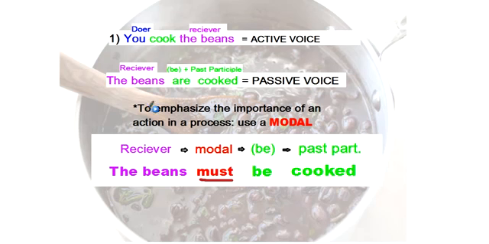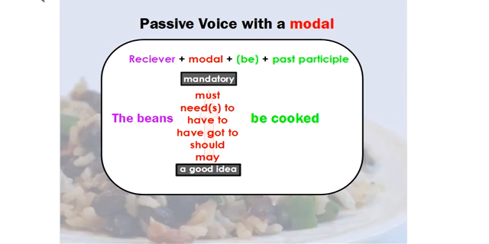and must is like an obligation, it's mandatory. Okay? So, let's look at some other modals that function the same way to emphasize the passive voice. For example, I have these mandatory verbs, for example, must and need or needs to, have to, and have got to.